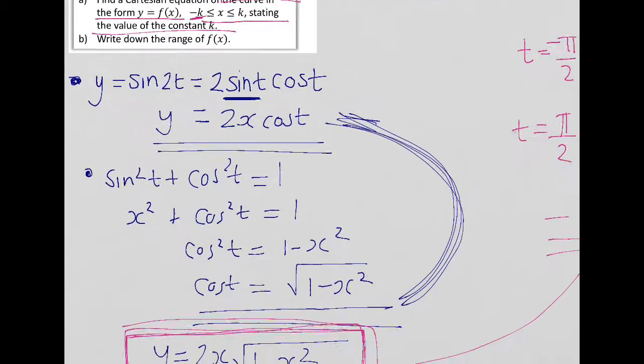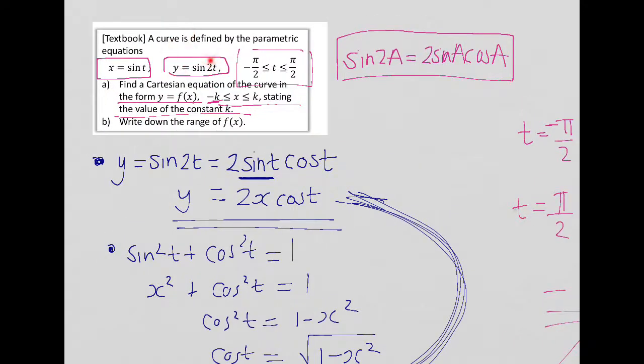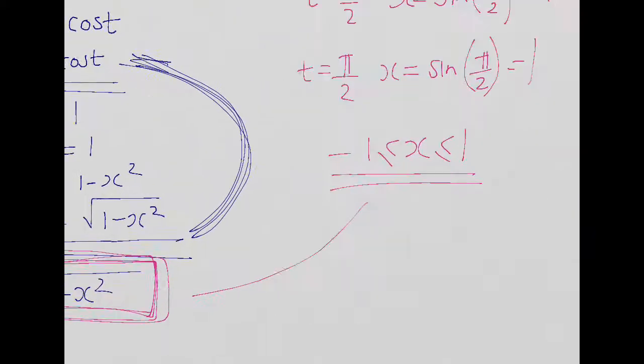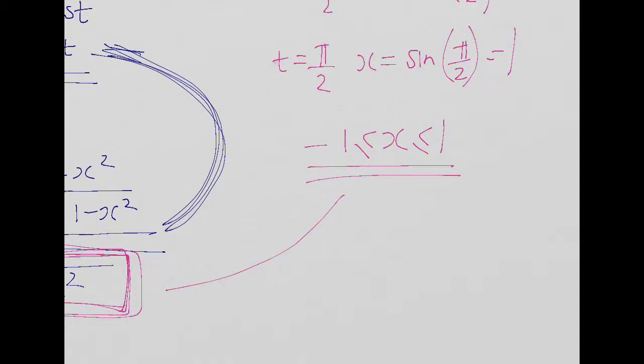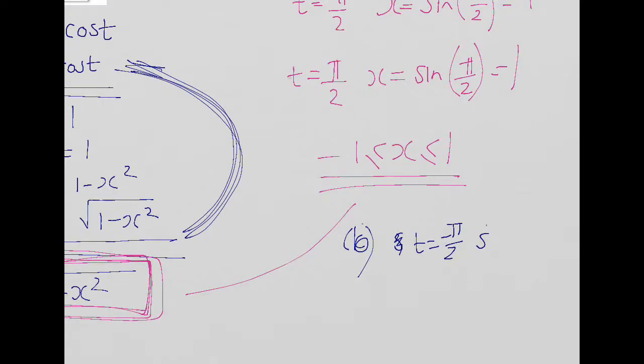So now we need to find the range. Remember, the range we're going to be looking at here is what happens to the t values. So our range, whoops, this is B, not C. The range would be the sine, let's put t equals negative pi over 2. So y would equal the sine, and remember, it's 2 lots of that.